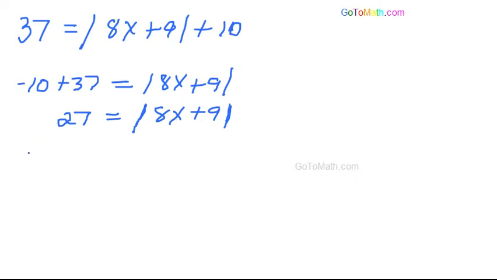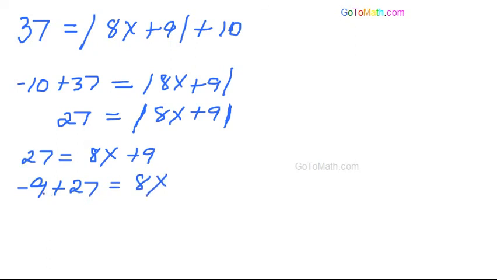But now we can start working on it. All right, so we're going to write the 27, drop the absolute value bars. 8x plus 9. Take the 9 to the other side, so we have negative 9 plus 27 is equal to 8x, and of course that's going to end up being 18.